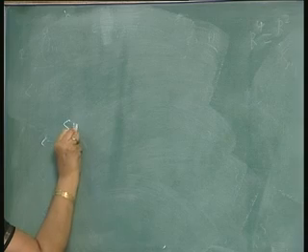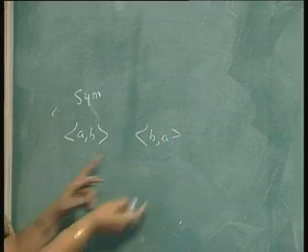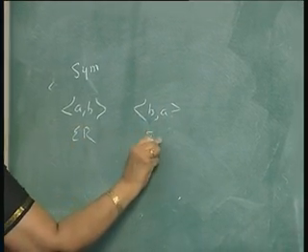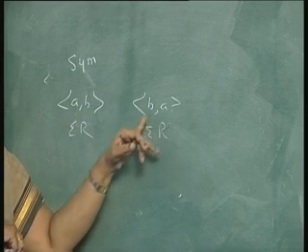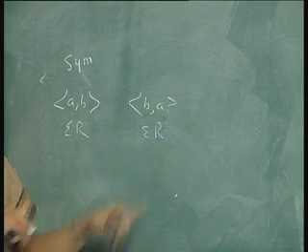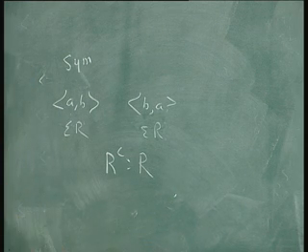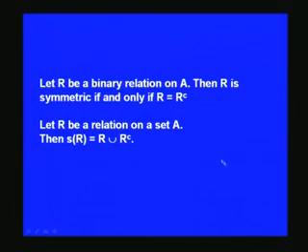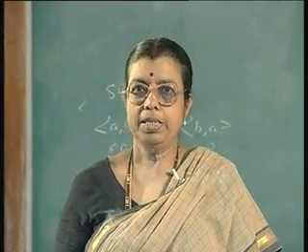If (A,B) belongs to R, (B,A) also will belong to R if it is a symmetric relation. In that case, the converse of R will have (B,A), which is also in R. So, R^C becomes equal to R. It is not very difficult to see this result. Of course, you can very easily see that if R is equal to R^C, whenever it contains (A,B), it also contains (B,A). So, it has to be symmetric.